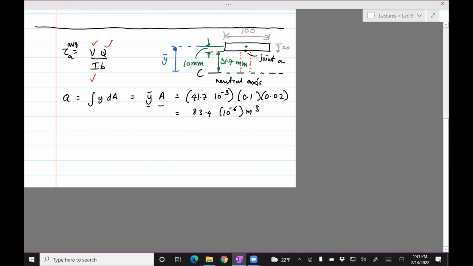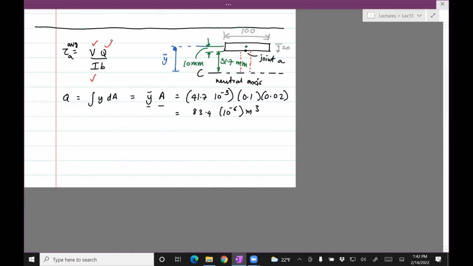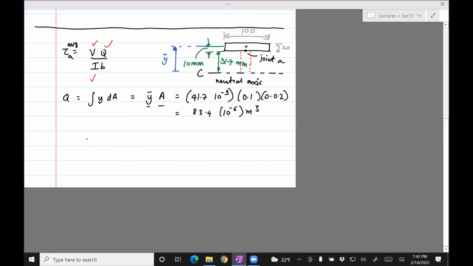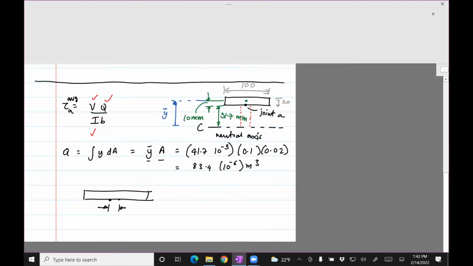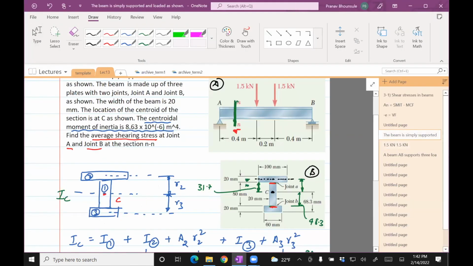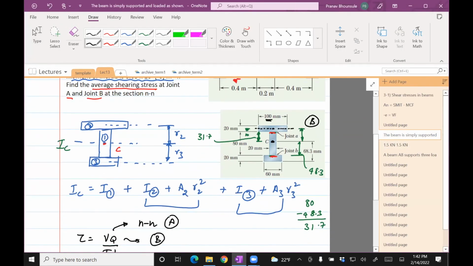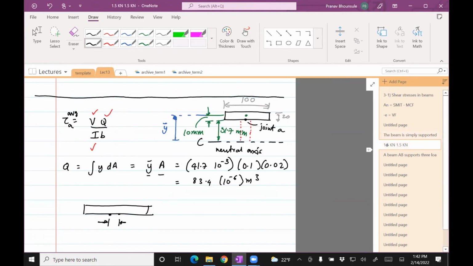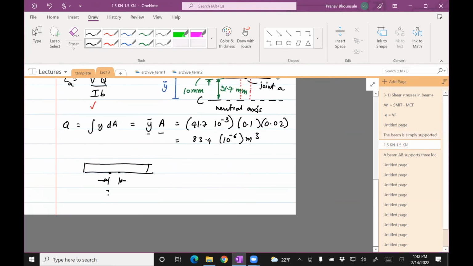Now we need to compute B. There are two options we have for B. If you look at this, this is, I believe, 20 mm. So the length is 100 mm, and then this section is 20 mm.